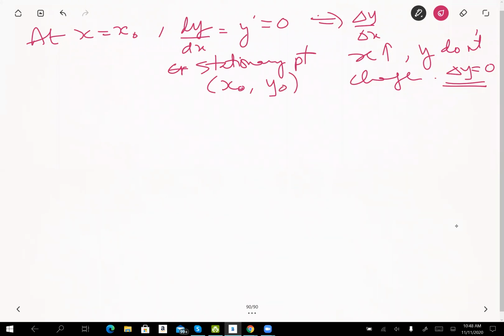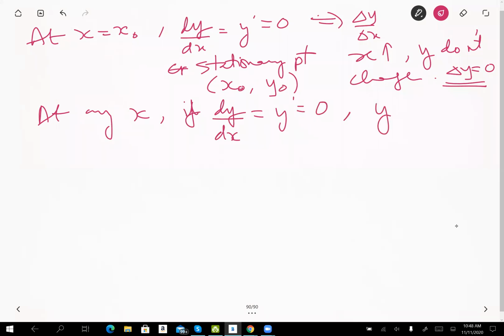But the thing is, at any x, if the derivative at that point is equal to 0, that means y doesn't change, or the function will be stationary.